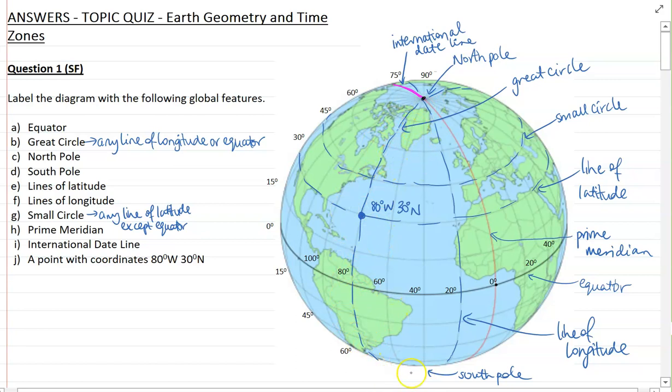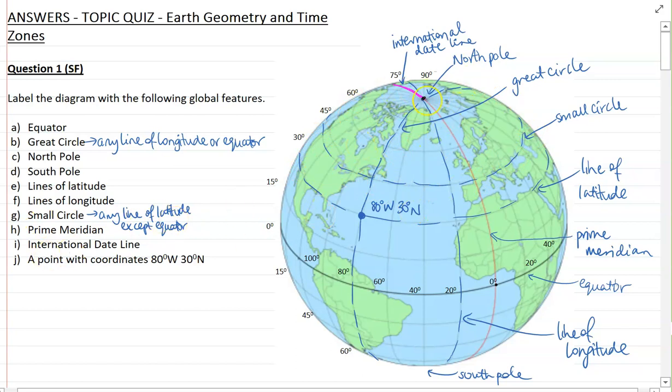And you could have picked any one of these lines of longitude. Remember, they're all the same circumference. A small circle is any line of latitude except the equator, because remember the equator is the same circumference as one of the lines of longitude. So for small circle, you could have picked any one of these little lines of latitude.